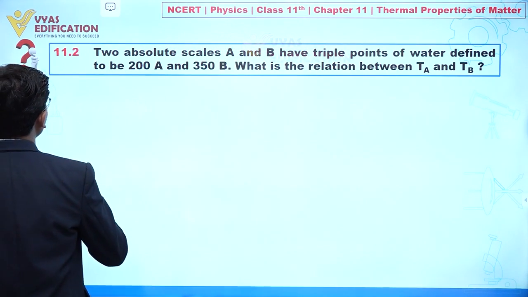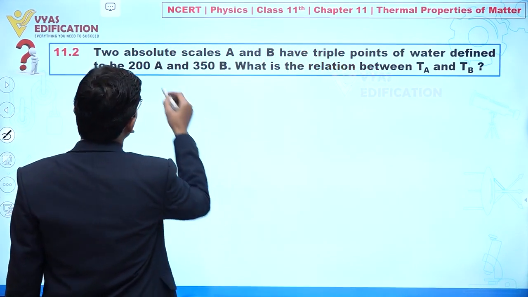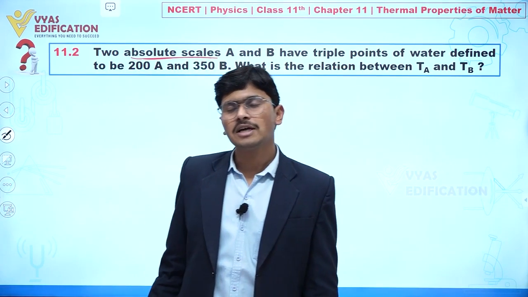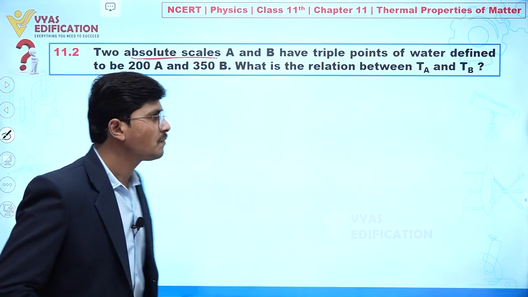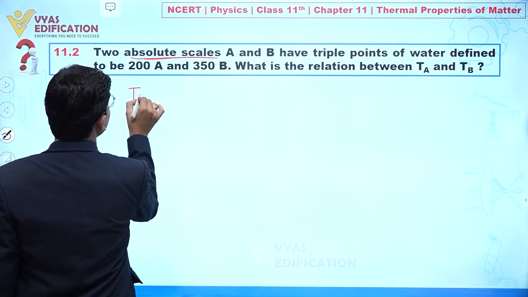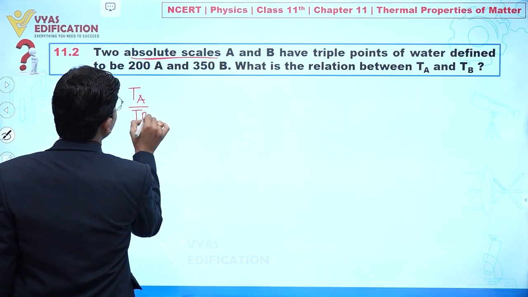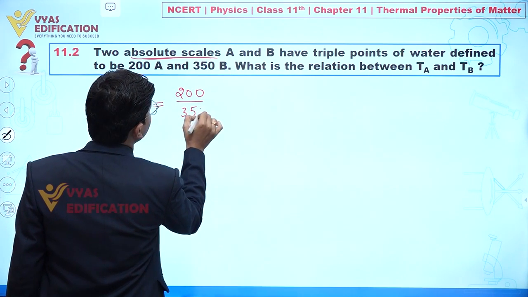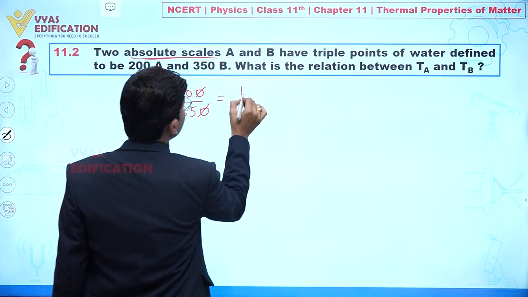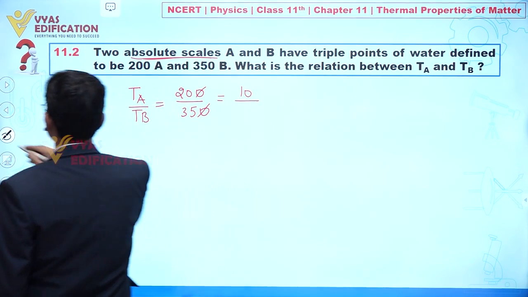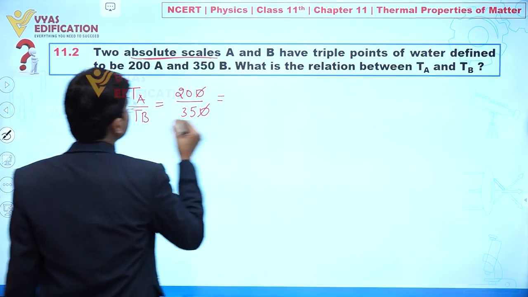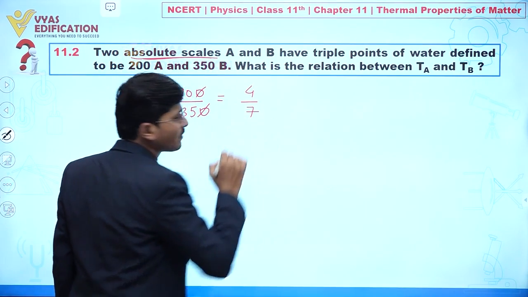From here, the important part is that these are absolute scales, and absolute scales we always measure in Kelvin. So we can write TA divided by TB is equal to 200 divided by 350, clear. From here, if we cancel with 50, we get 4 divided by 7, clear.